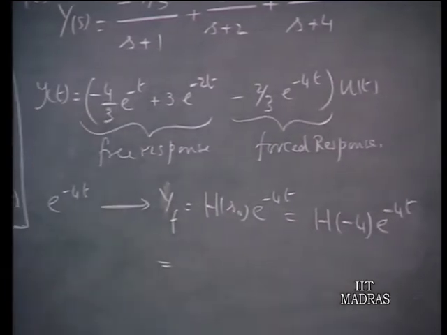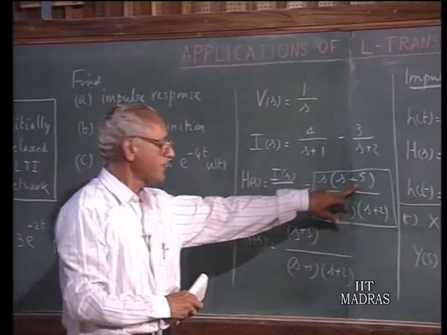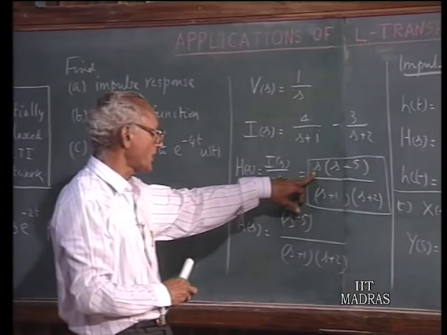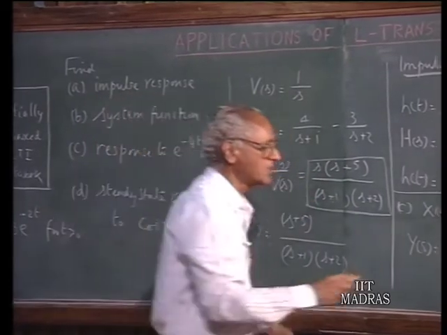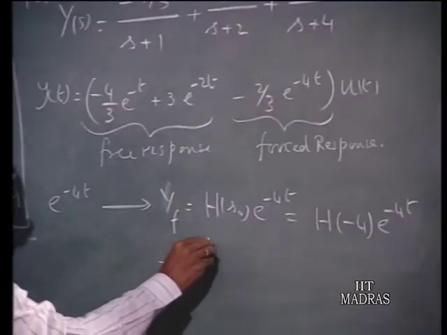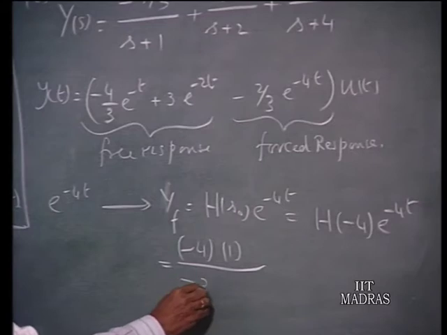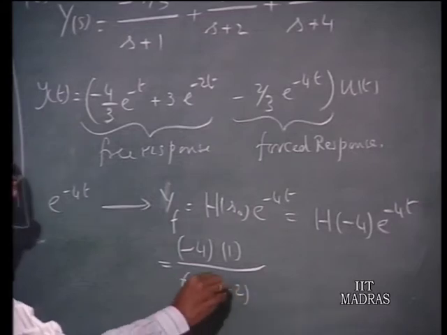We know H of s is s times (s plus 5) divided by (s plus 1) times (s plus 4). So, when you substitute minus 4 for s, you get minus 4 times 1 divided by minus 3 times minus 2.